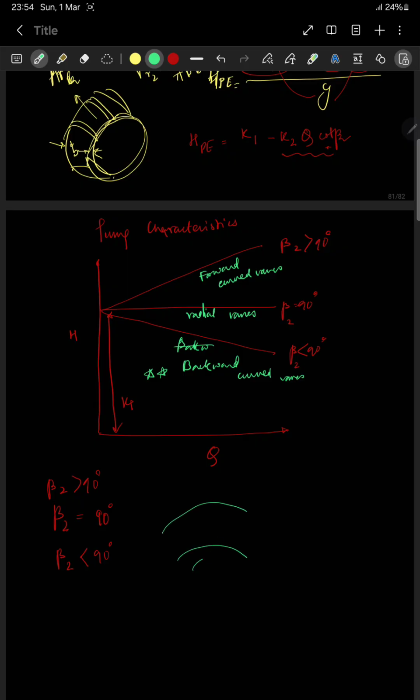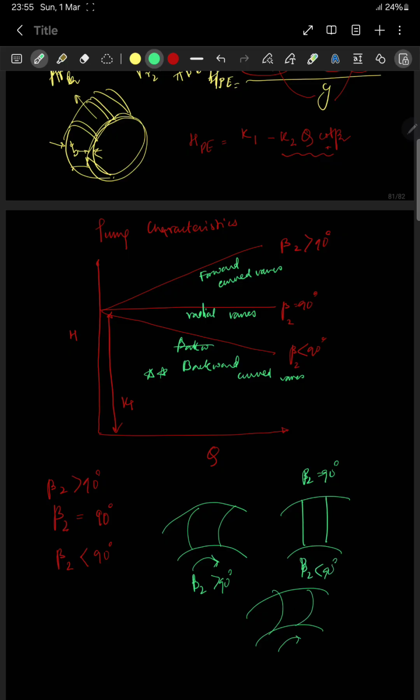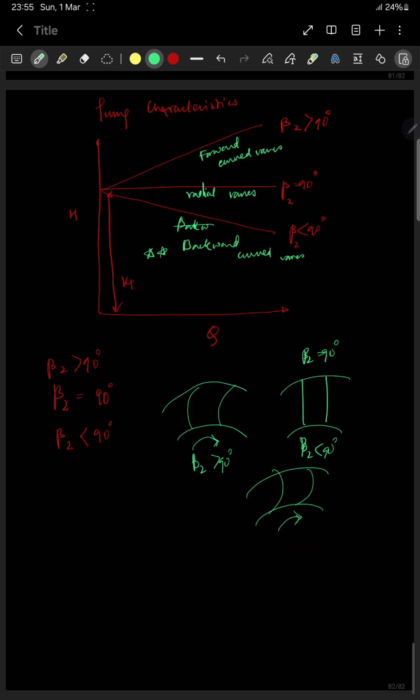This is the direction of rotation. These are the blades. This is beta 2 greater than 90 degrees. These are radial blades where beta 2 equals 90 degrees. These are backward curved vanes, right?